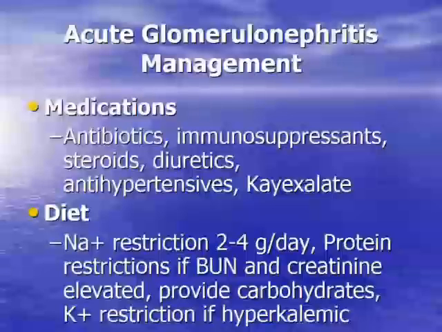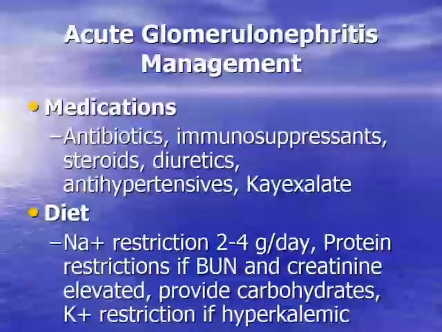Diet is typically a low sodium diet, restricted down to 2 to 4 grams per day. Protein will also be restricted if the BUN and creatinine are elevated, and patient is provided carbohydrates, potassium restrictions if they're hyperkalemic. So it's going to depend on what symptoms and lab values that patient actually has.